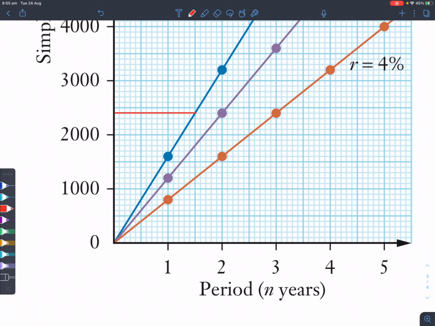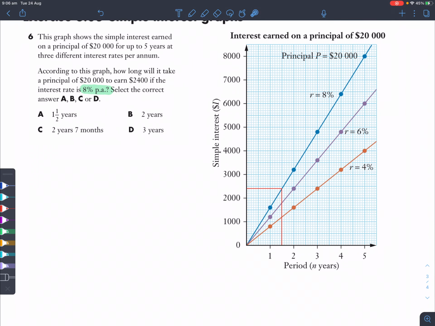So if I now hit that blue line, which is the graph with 8%, I will be here, and that would approximately take me 1.5 years. So that's A as an answer.